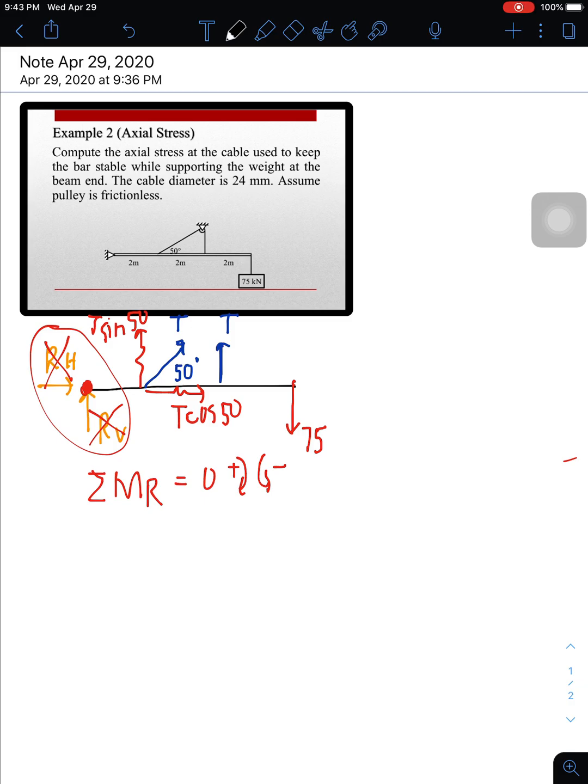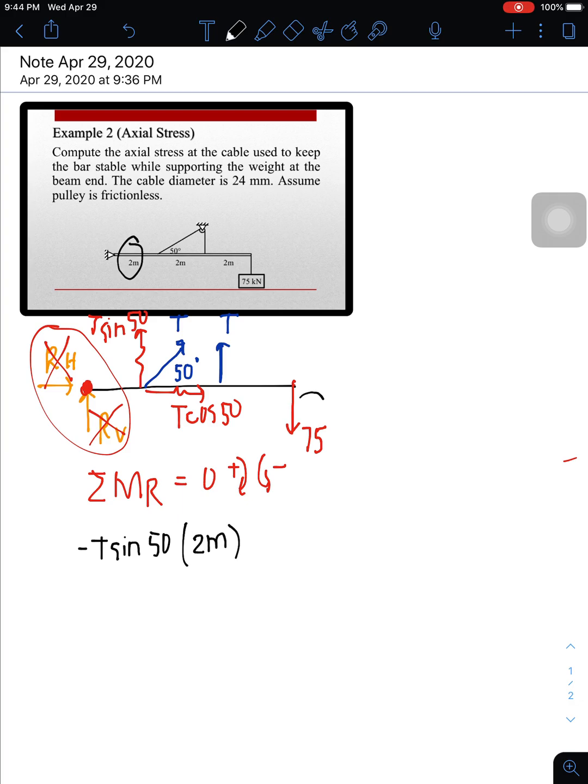So you have the T sine 50. It rotates counterclockwise, so it's negative. And then you have this other one, which is not involved because it just passes through this portion, so it's not part of the equation. So T sine 50 times the distance, which is 2 meters.